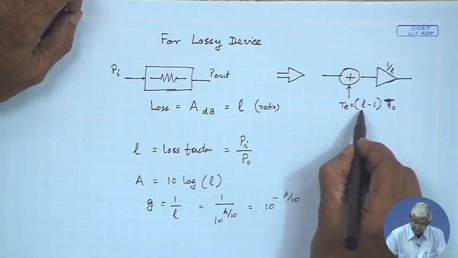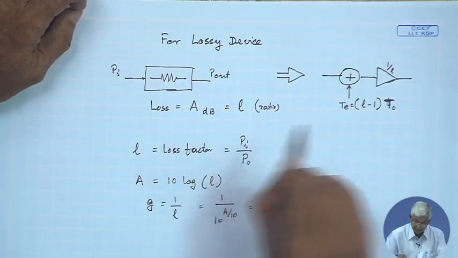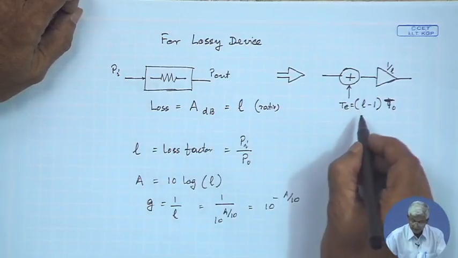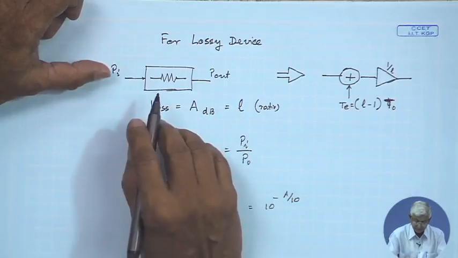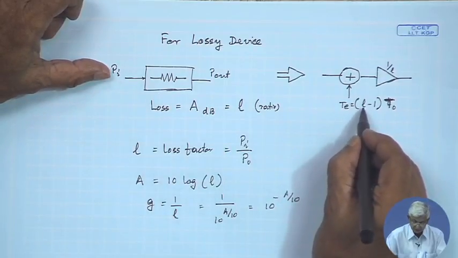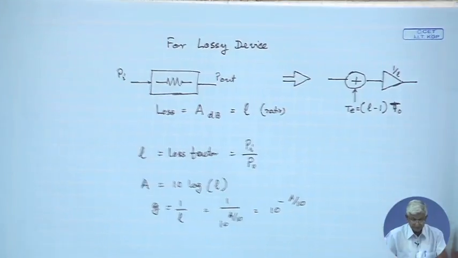It is the same as the noise figure. In case of the gain of an active device, you have seen this was the noise figure, and in case of a lossy device, it is the loss in ratio. You have to remember this, because we will come across many places where there may be loss or gain.